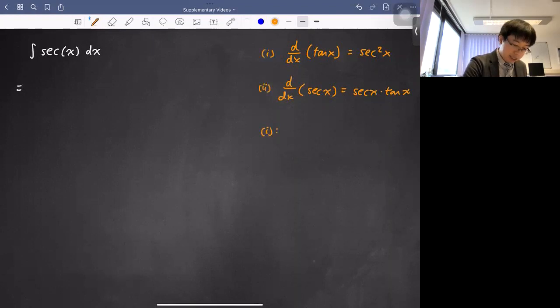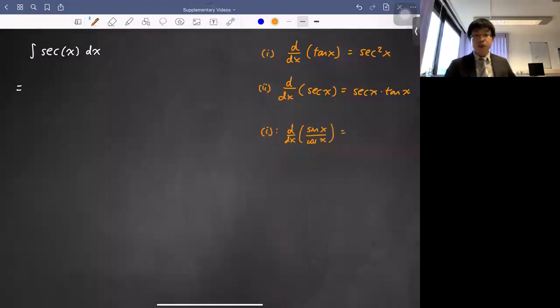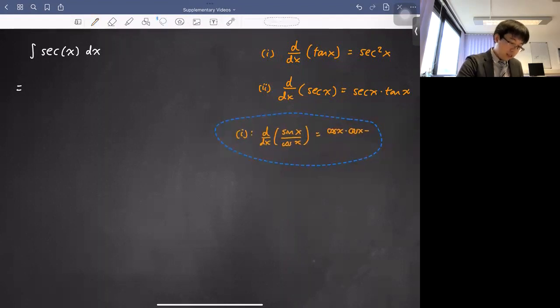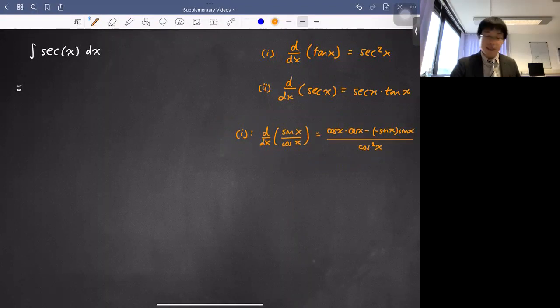For result 1, the derivative of tangent is really just sine over cosine, because that's the definition of tangent. You can use either the product rule or the quotient rule. Let's treat this as a quotient. We copy cosine, differentiate sine, which gives cosine, minus, differentiate cosine, which is minus sine, times the previous numerator, sine, all over cosine squared x.